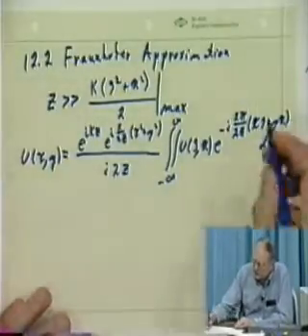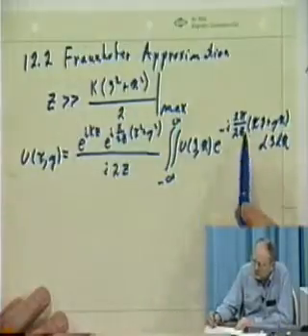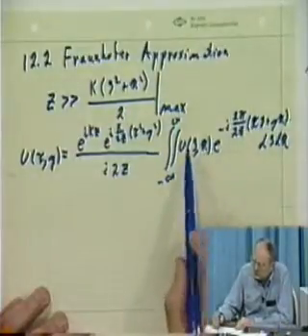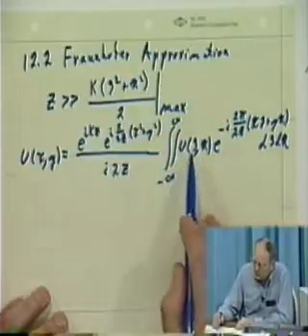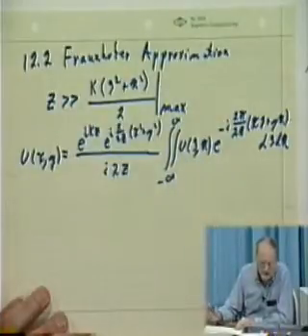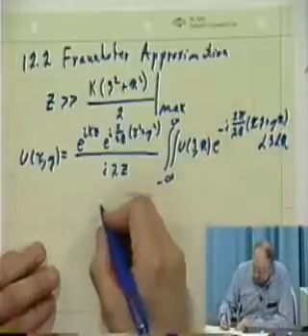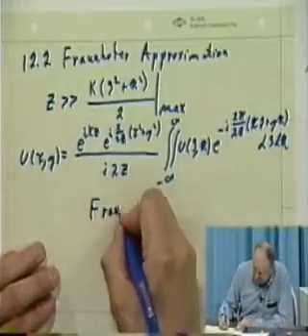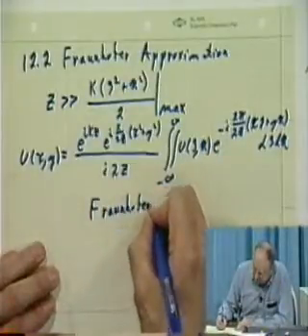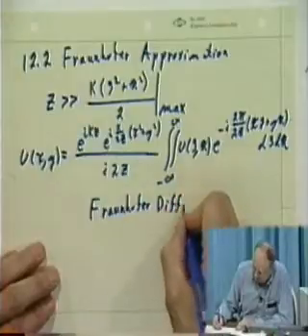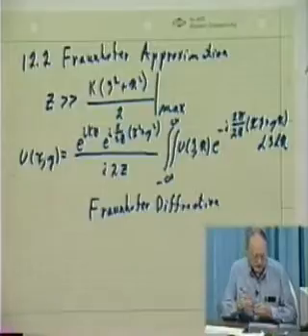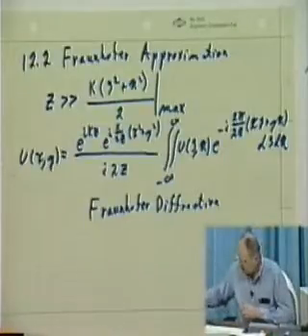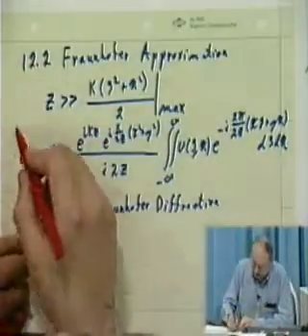And so, as we said a minute ago, all we have is the Fourier transform of u, which is the aperture times however it is we're illuminating the aperture. And so this is what we would call Fraunhofer diffraction. I'll draw a red box around that.